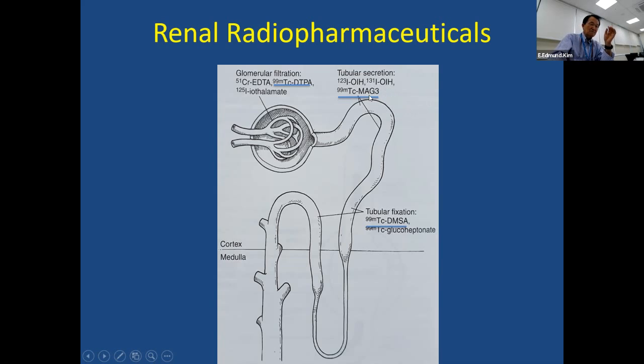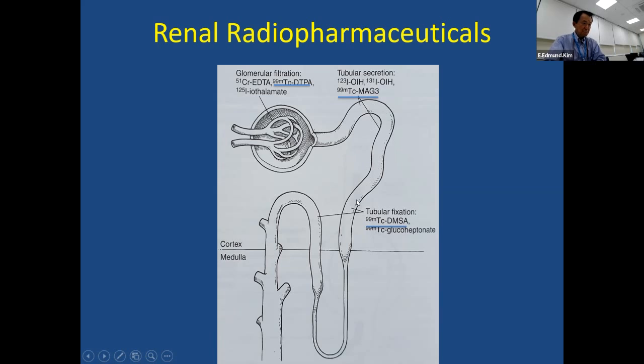But with technetium MAG3, we can generate a dynamic flow study and also perfusion images. So at this time in the United States, we are using primarily technetium 99m MAG3 for evaluating blood flow phenomena as well as tubular functional information.